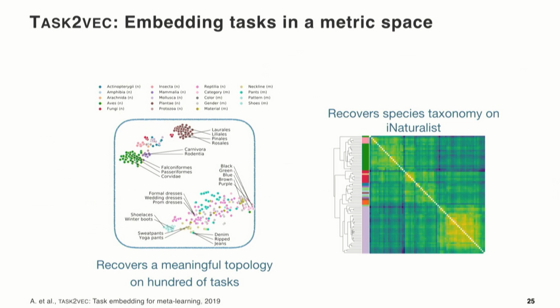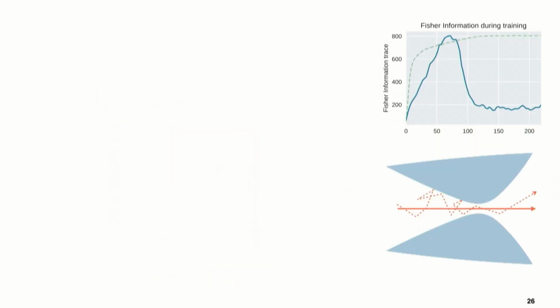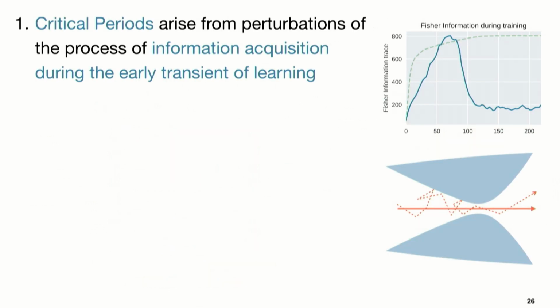And what you see on the left is a taxonomic tree. So this distance reflects known taxonomies, but also keep in mind that there are tasks that are very similar to each other, same inputs, same outputs, slightly blurry in one case, critical periods, yet you cannot go from one to the other. So that's existence proof that the dynamic term is non-trivial.